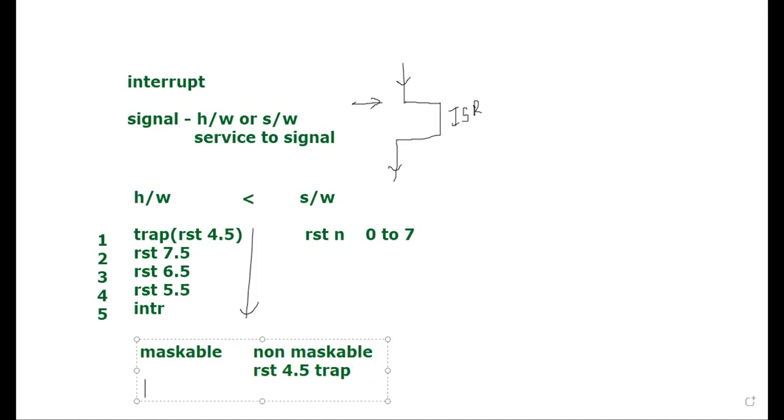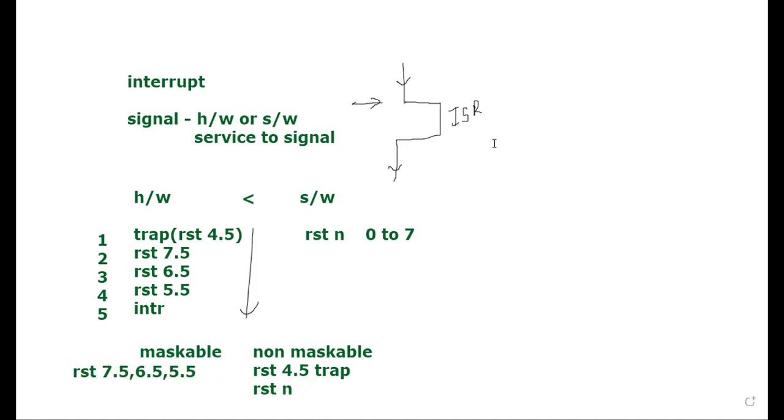And all software interrupts, RSTN, are also non-maskable. Maskable interrupts are RST 7.5, 6.5, and 5.5. All these are RST. You have to write RST first. I have written it in the short form.